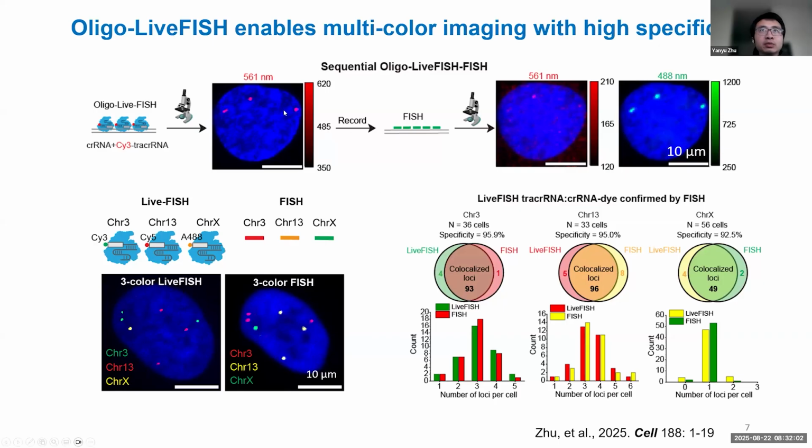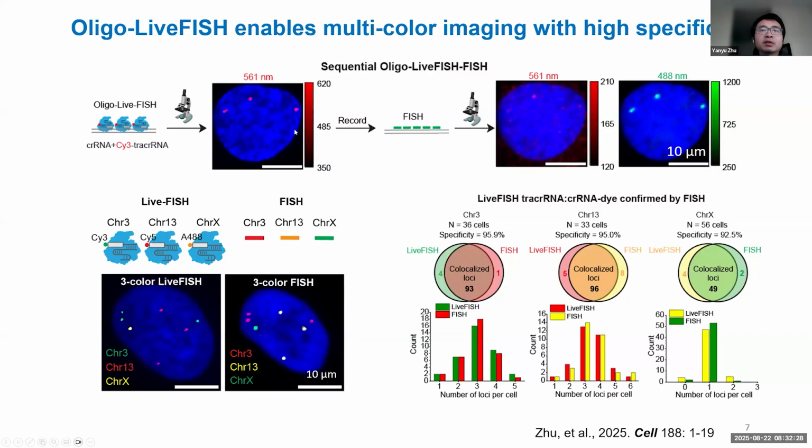We first image using live FISH, and you see here this is the signal. Then we perform the harsh FISH condition. After FISH, you will see some of the live FISH signal is already gone, but since we already recorded this signal in advance, we can still compare it with the FISH image, and you can see that they have a very good co-localization.